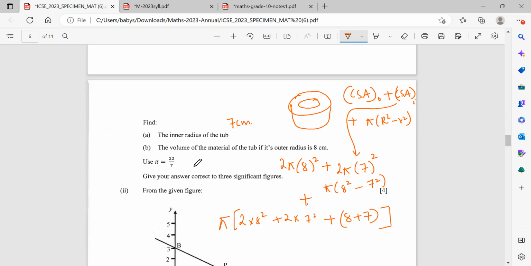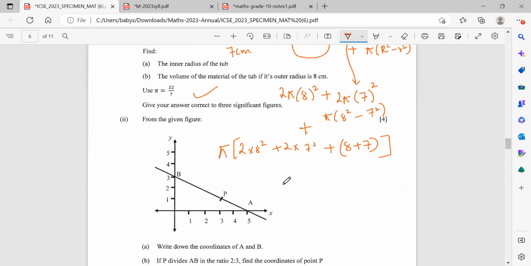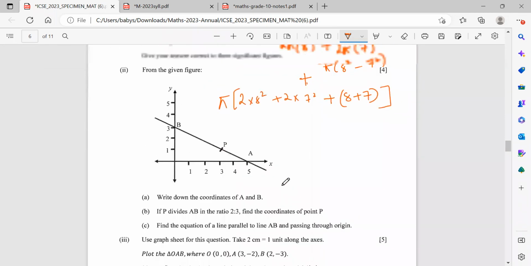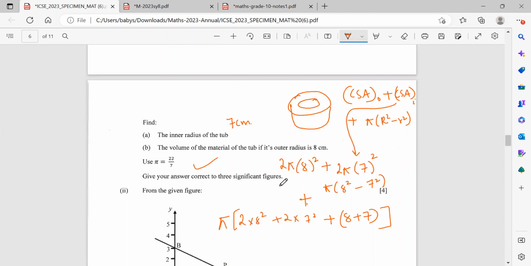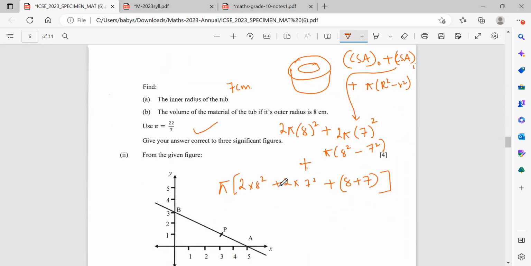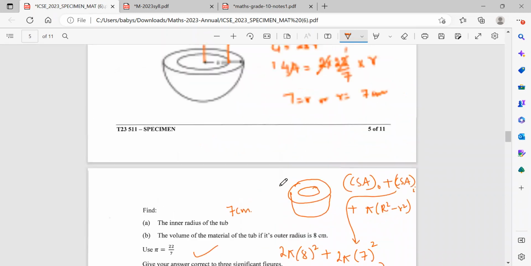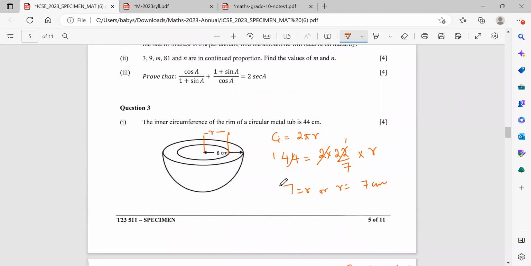They have said use pi as 22 by 7. Give your answer correct to 3 significant figures. So you forget the zeros at the start, but if zeros come in between the numbers, you can consider them. Yeah, this is how you will attack the problem.